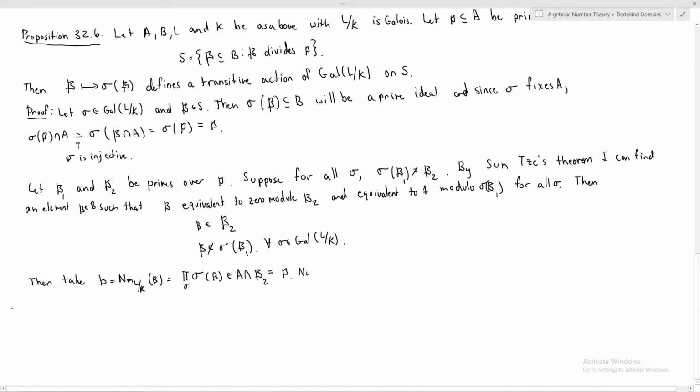Now, since B1 also divides p, b is also going to be in B1.